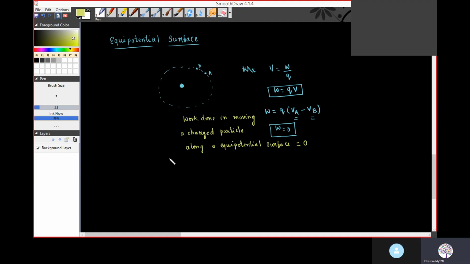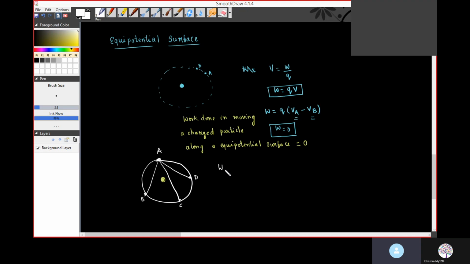Now based on this you have a lot of questions, like a charged particle is placed, this is A, this point is B, this point is C, this point is D. In which case the work done is more?